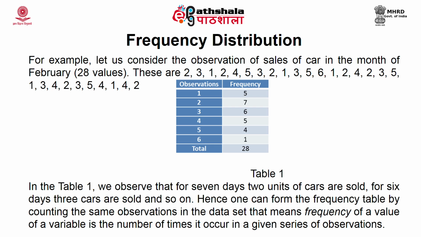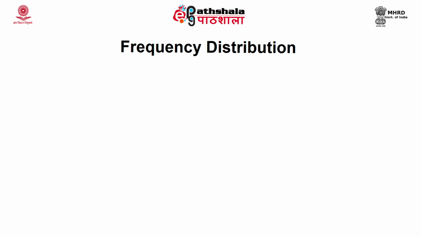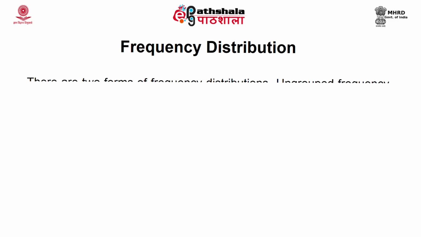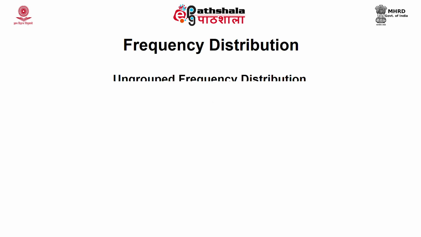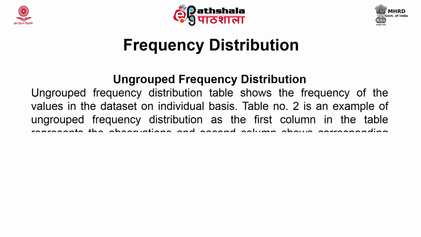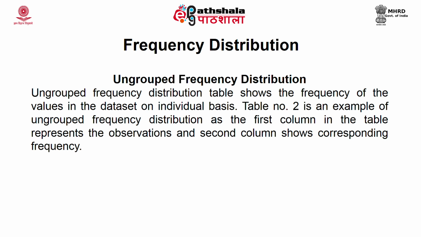That means the frequency of a value of a variable is the number of times it occurs in a given series of observations. Now there are two forms of frequency distributions: ungrouped frequency distribution and grouped frequency distribution. In ungrouped frequency distribution, the table shows the frequency of the values in the data set on an individual basis.